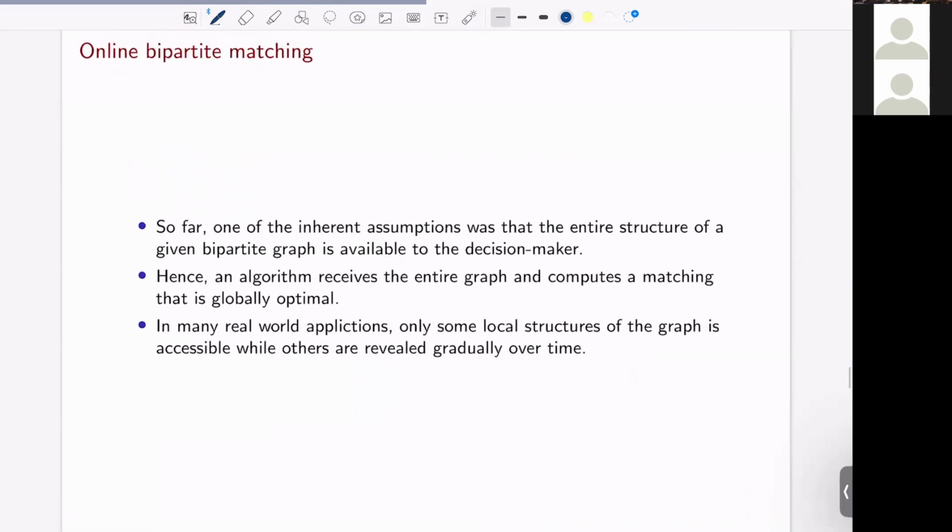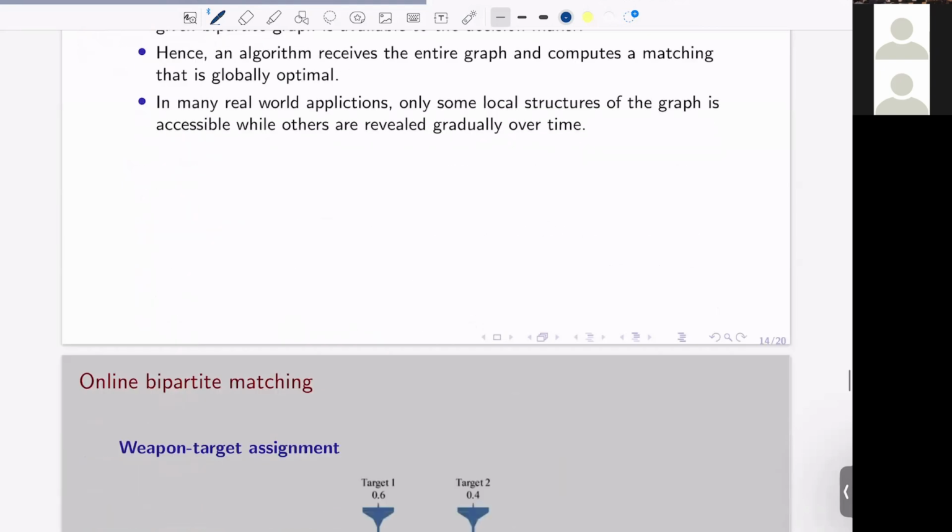Maybe we have to make decisions of assignment and matching based on some local information about the network. So instead of looking at all parties and all vertices, maybe we have a subset of vertices and a subset of edges, and using that information, we make decisions because of the limited information about the network.